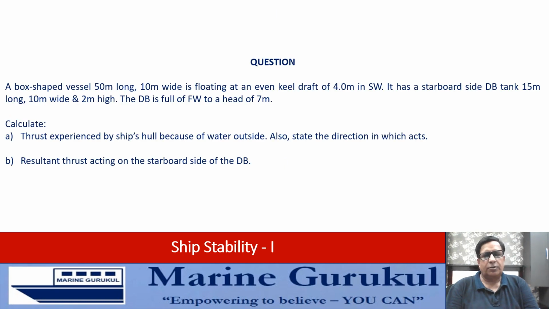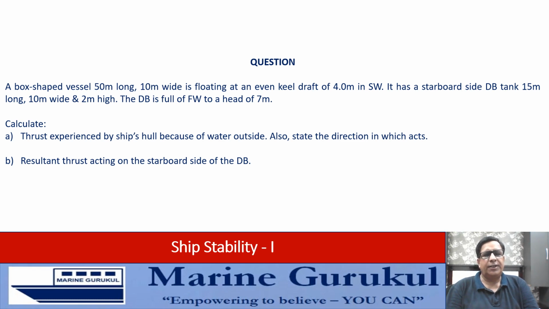Let us now take a question. A box-shaped vessel 50 meters long, 10-meter wide is floating at an even keel draft of 4 meters in sea water. It has a starboard side double bottom tank, 15-meter long, 10-meter wide and 2 meters high.